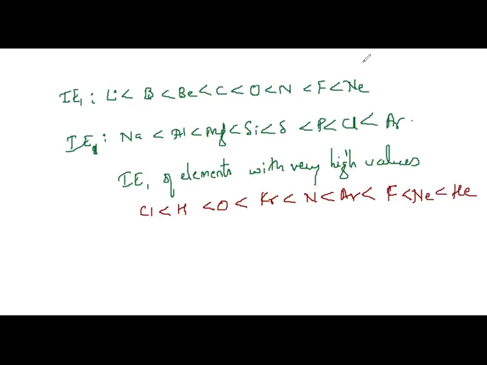So with ionization energies, what information do we get? Lower the ionization energy, the more easily the electron is lost. Loss of electrons is called its reducing property.